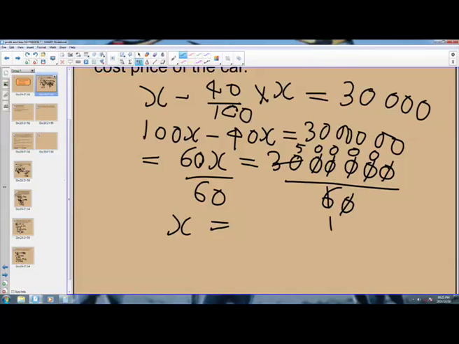So this simply means the cost price of this vehicle is 50,000.